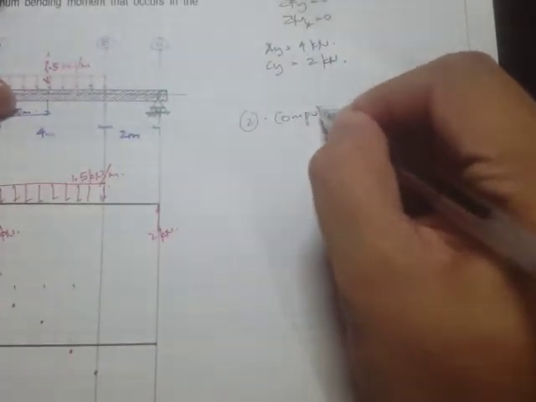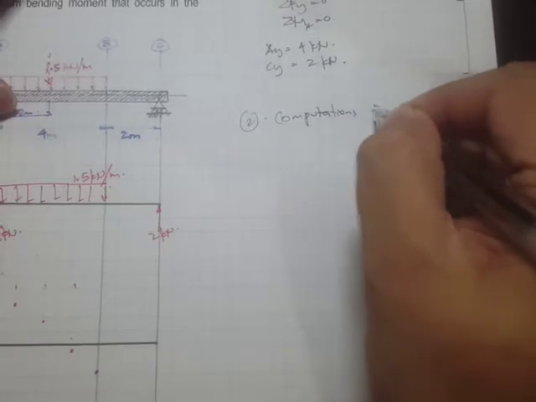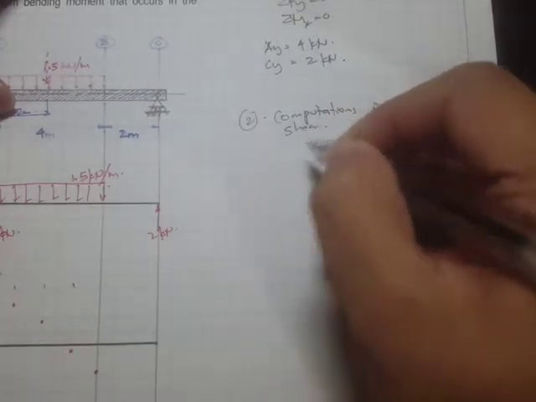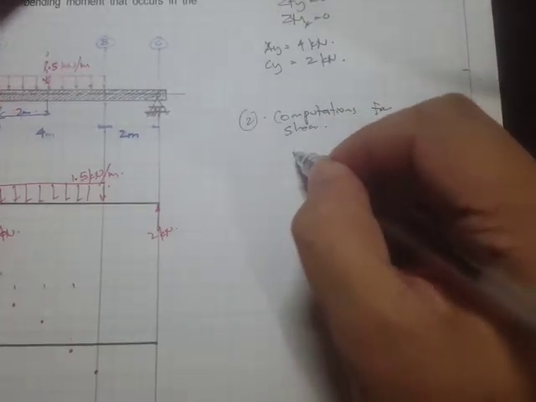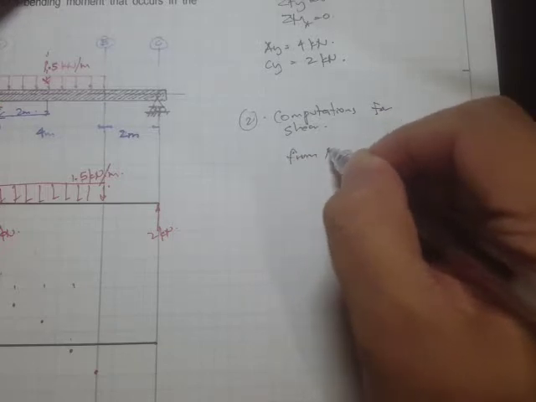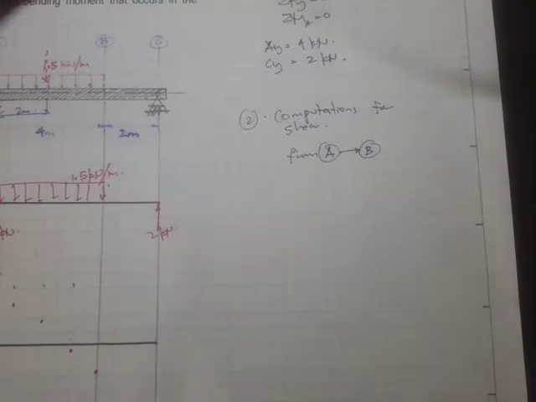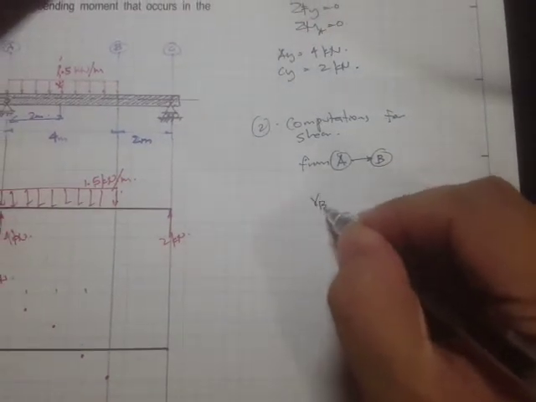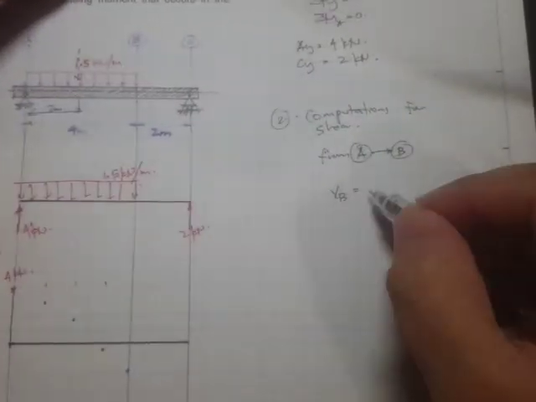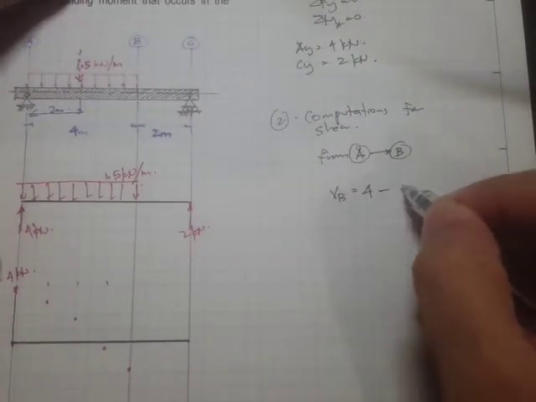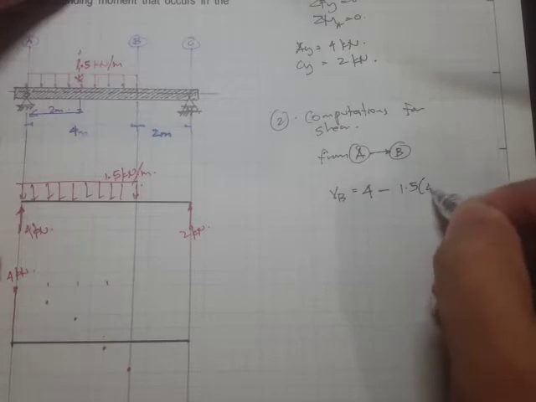Let's write here computations for shear. So from point A to point B, the shear value at B is just simply 4, right? 4 minus 1.5 times 4.